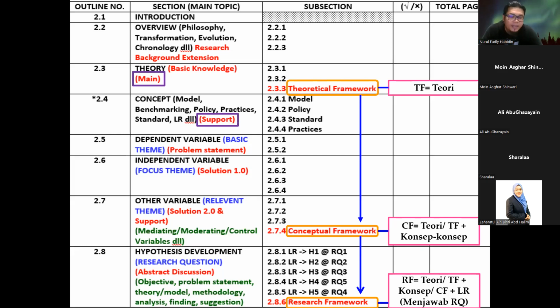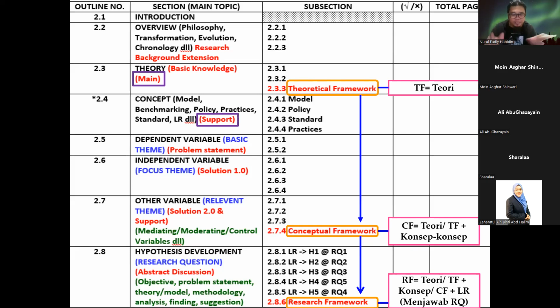Okay, all right. The last one is the part we call the outline in order to answer your specific research objective. For quantitative research, we call that hypothesis development. Let's say 2.8, 2.8.1, which is your hypothesis number 1, where your literature review is.